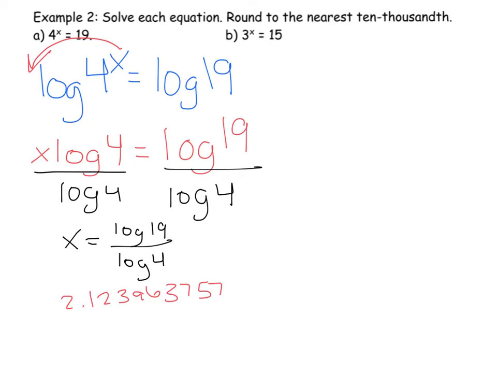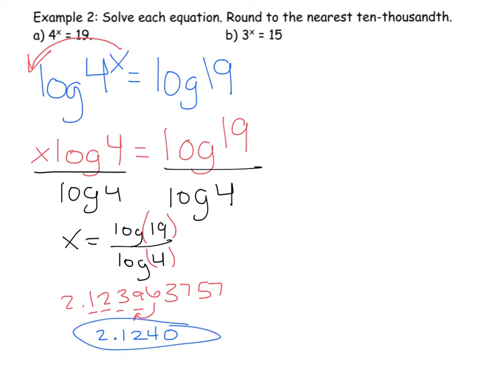Okay? And when you put this into your calculator, you want to make sure you put the 19 in parentheses and the 4 in parentheses. And now we're going to go ahead and round to the 10,000 spot. So 1, 2, 3, 4. The 6 tells the 9 to go up, but it can't. So it's going to be 2.1240 as our final answer.